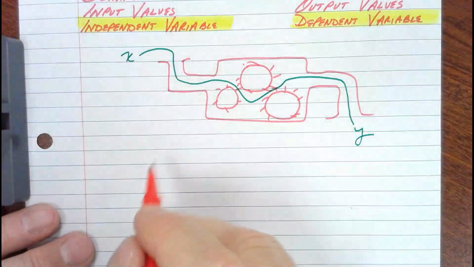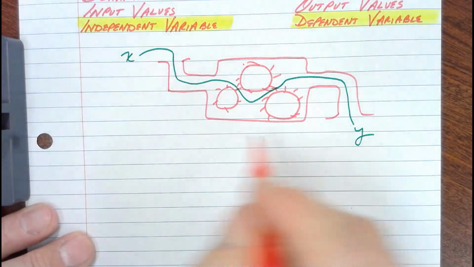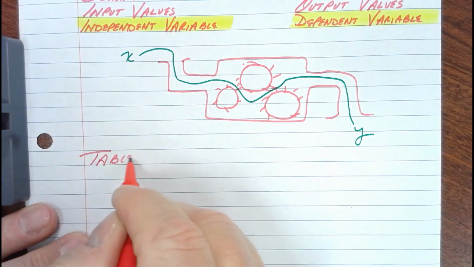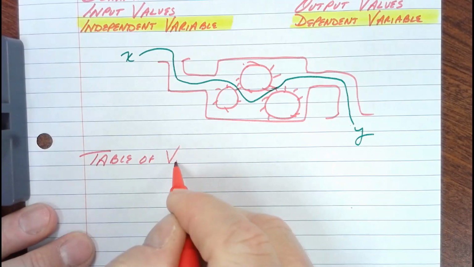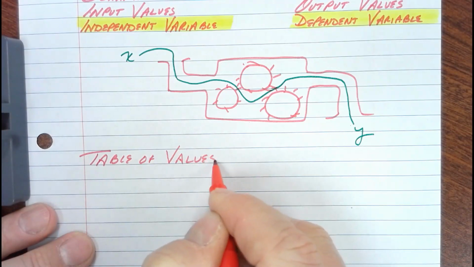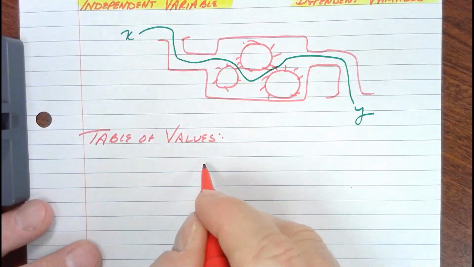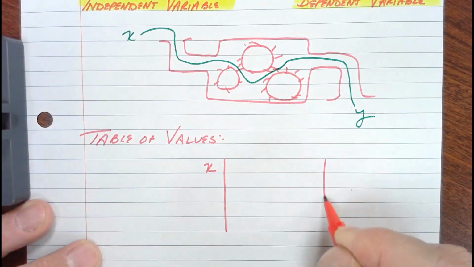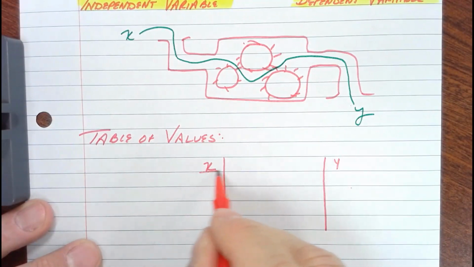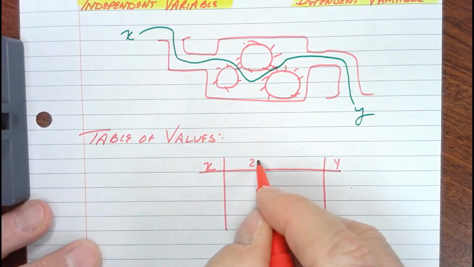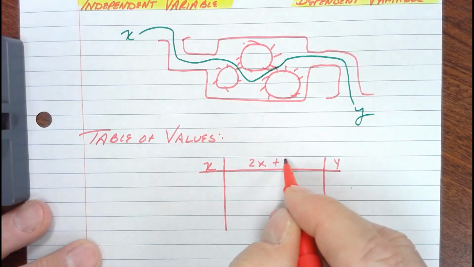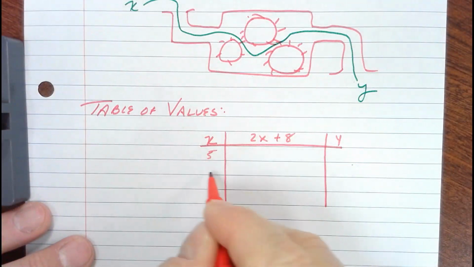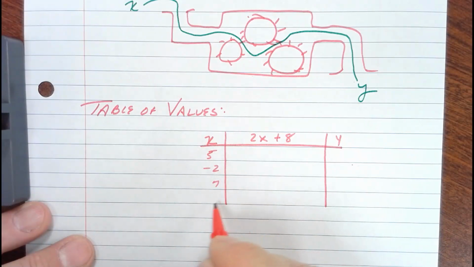And we do several things. This machine represents a table of values. And you have seen a table of values before, I think, where you have X values and you have Y values, and there's some kind of rule up here where you have values of 5, -2, 7, and 1.